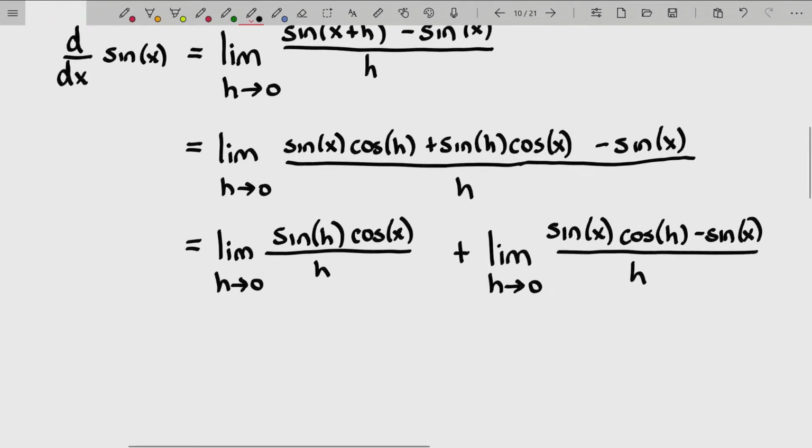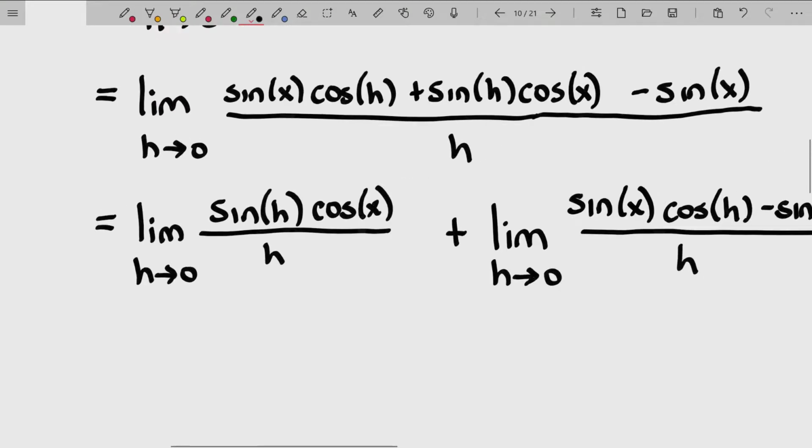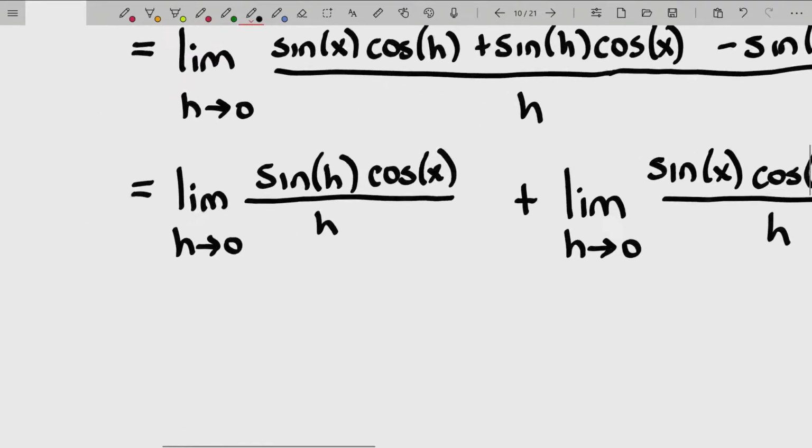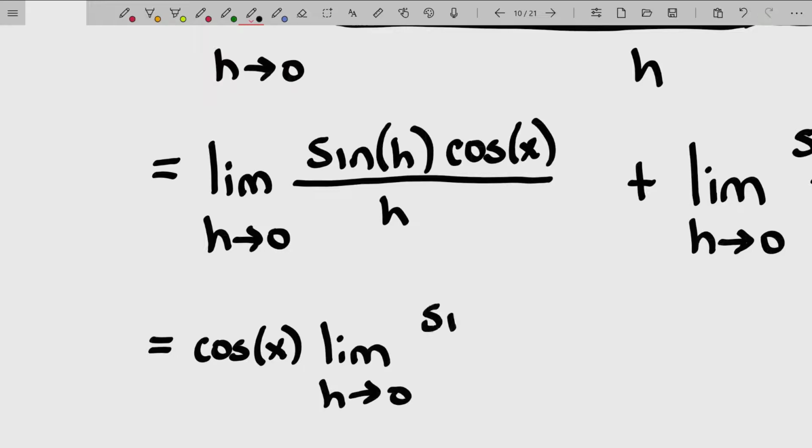Notice in both those limits there are factors of cosine of x in this first one and sine of x in the second one that can be moved out. So that is, I could rewrite this first limit as the cosine of x times the limit as h tends to 0 of sine of h over h.